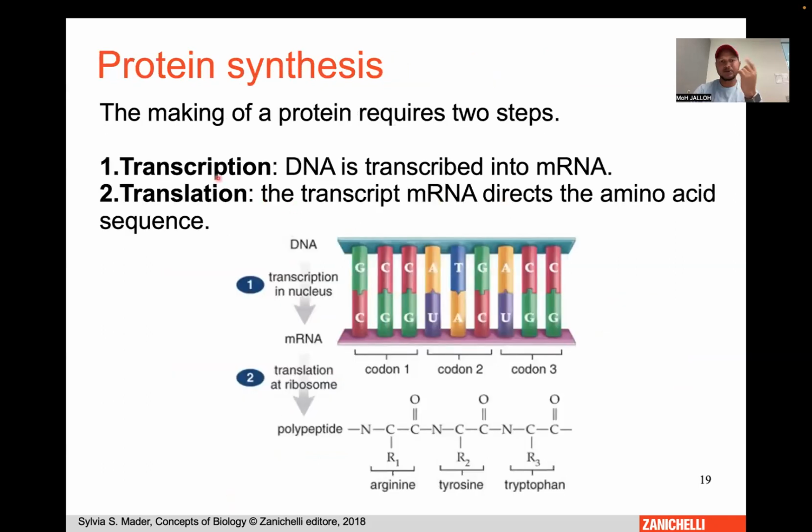Protein synthesis, this is what we call gene expression. We have the transcription and translation process of DNA. DNA is transcribed into mRNA. In translation, the transcript of mRNA directs the amino acid sequence. We discussed this also in our 105.